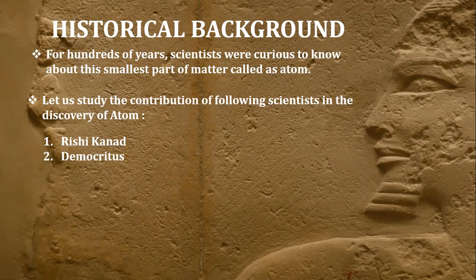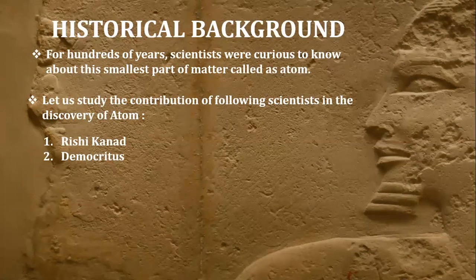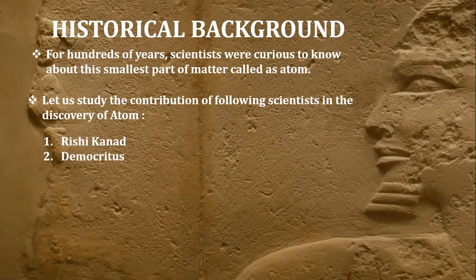Rishi Kannad also said that matter is made up of tiny particles called Paramanu. He saw this by looking at a fistful of rice, or grains. He said that as the fist of grains contains tiny particles, which are the food grains, even matter consisted of tiny particles, and he named them Paramanus.